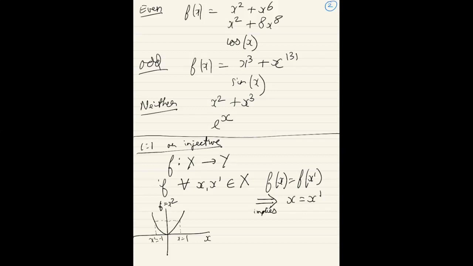But that does not mean that x prime and x are the same. They are different. So f of x equal to x squared, if it goes from real numbers to real numbers, is not 1:1. However, f of x, let's do it on the next page.